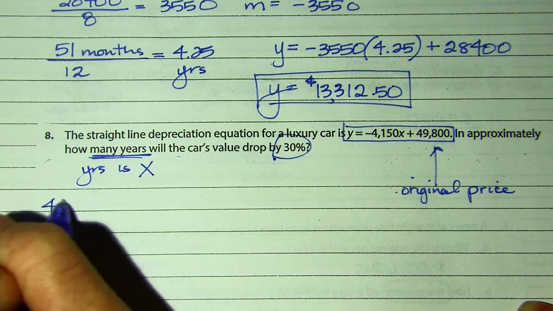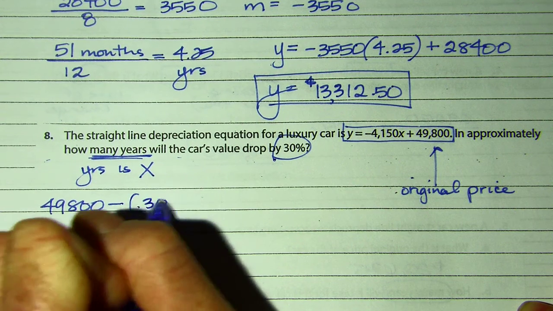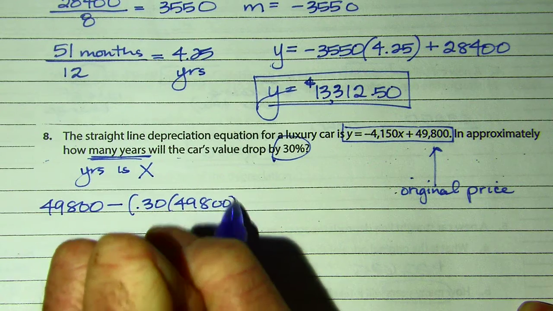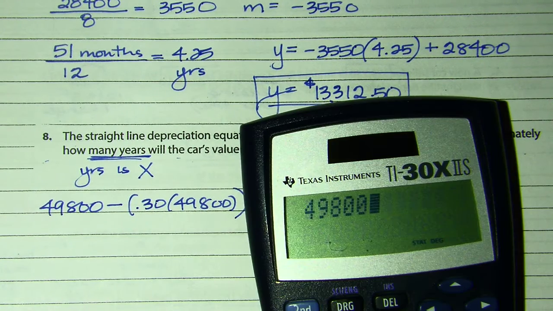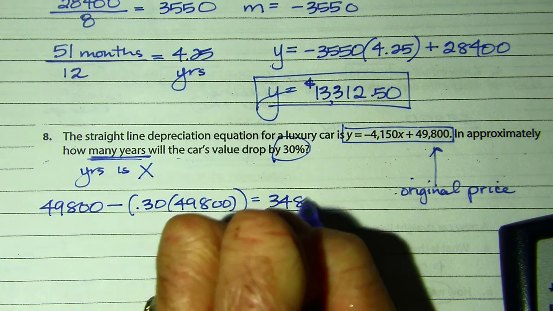So 49,800 minus, what is 30% of 49,800? Right? I've lost 30%. So 49,800 minus 0.30 times 49,800, and I get that now 30% less is 34,860.